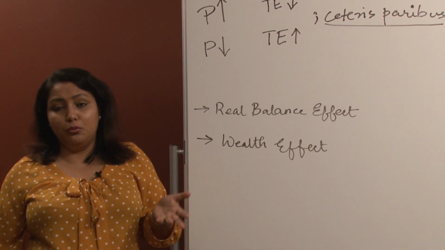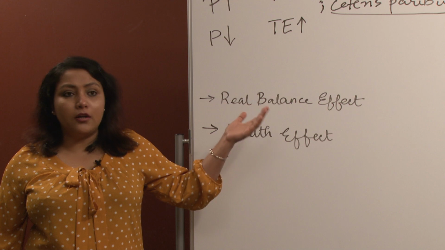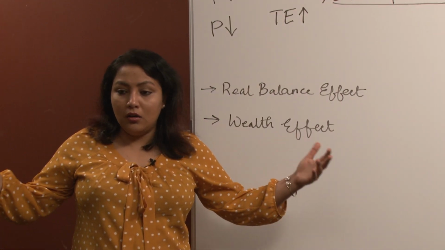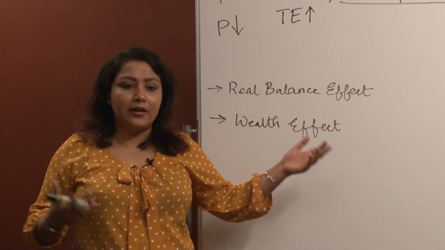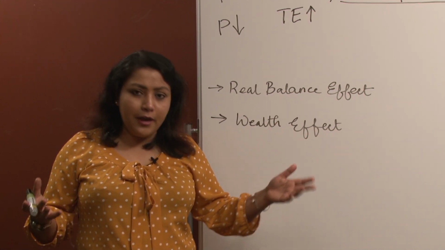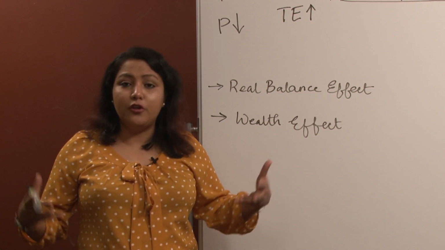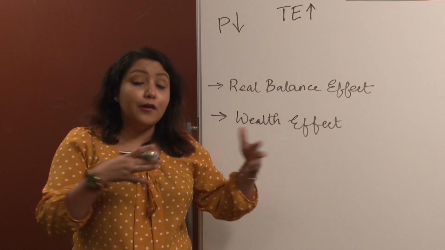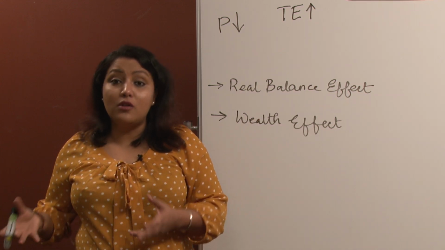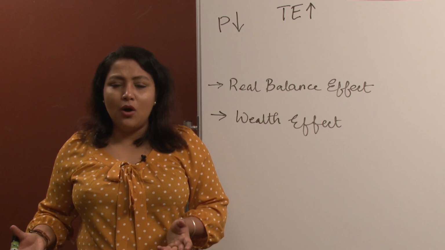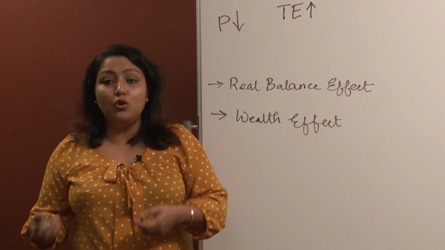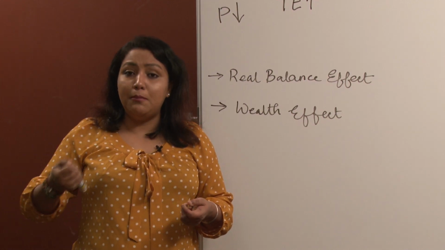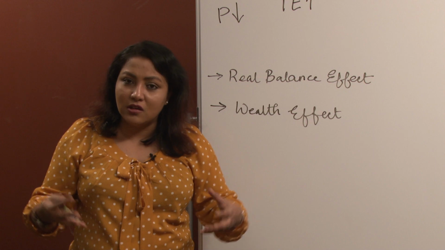For example, you might have a plot of land, or a house, or jewelry, or some precious furniture or whatever, right? So, it could be in the form of non-monetary wealth. Whenever the prices in the economy go up, the value of these assets go down, right? Because now if you sell these assets, you will probably get the same amount of money, but that money will be able to buy you less amount of goods and services, right?